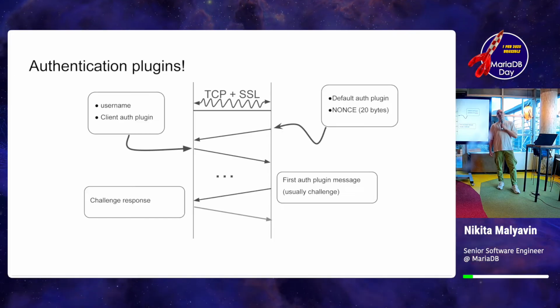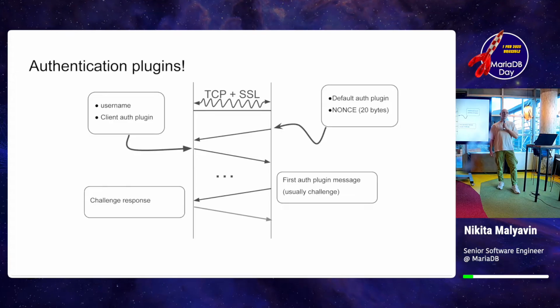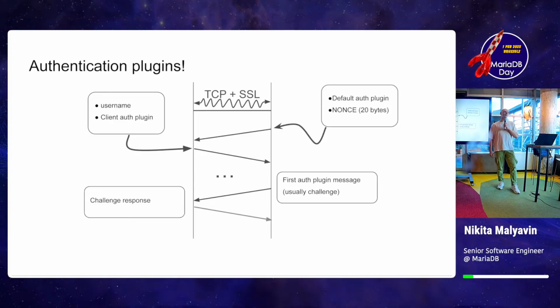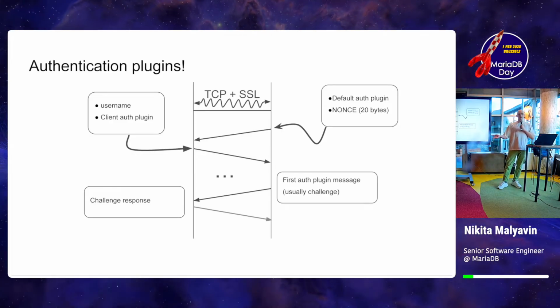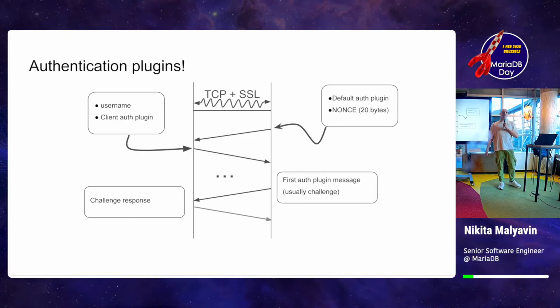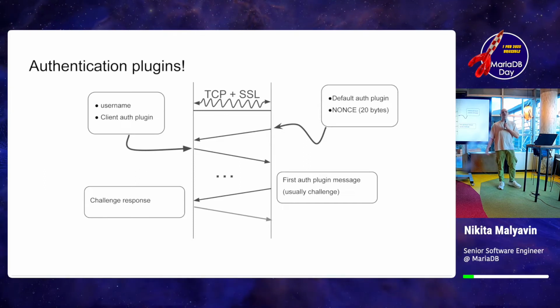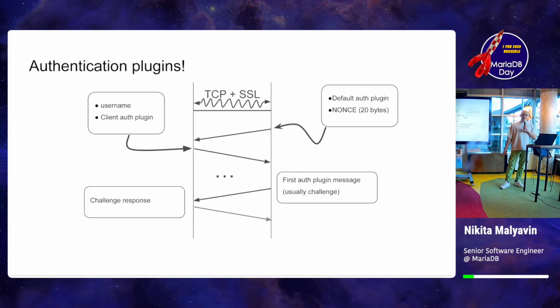I can imagine a setup where the admin role doesn't have password authentication, and it can be done through PAM or GSS API, or maybe Windows domain network usernames. I guess we don't have such a plugin, but anyway, it's also a possibility.